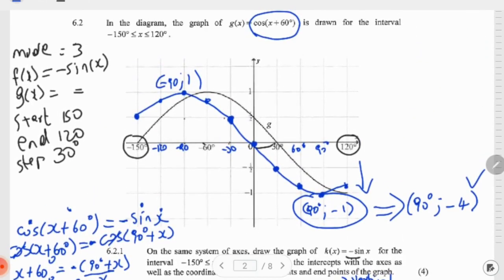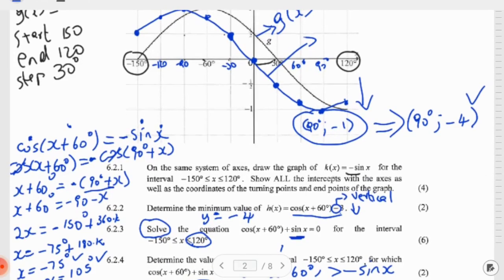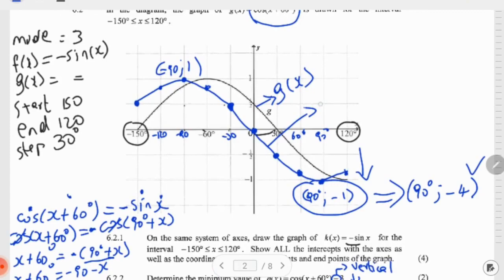If you remember, the original graph was g at x, which is cos of x plus 60, and the graph that we drew was k at x, which is minus sine of x.